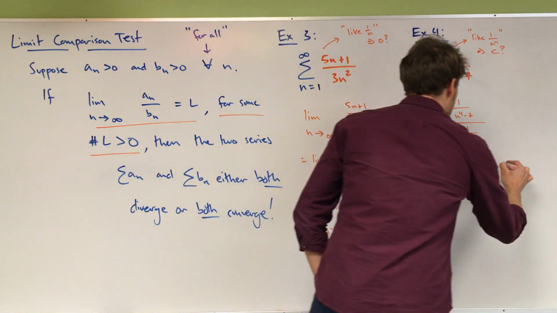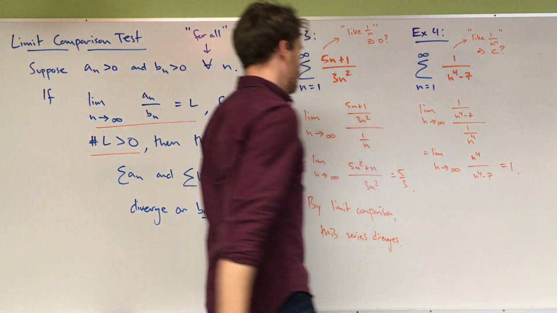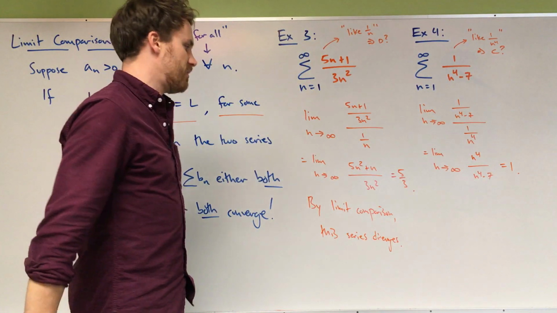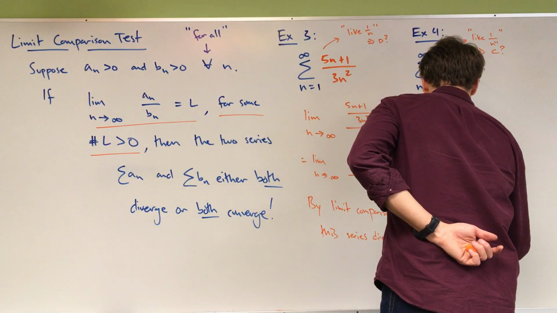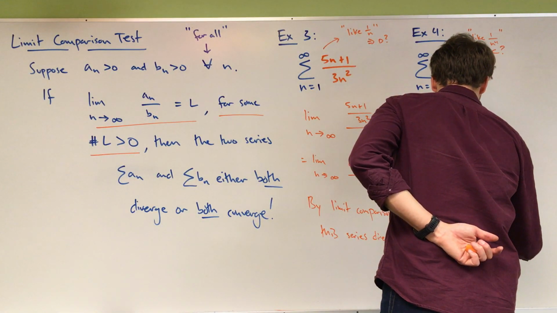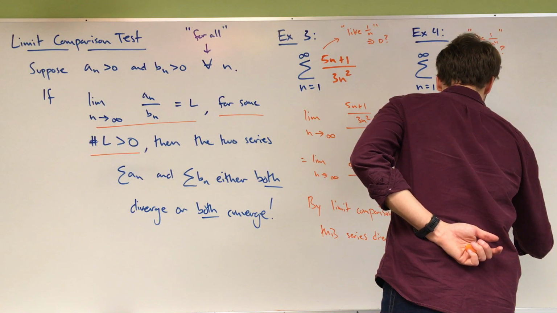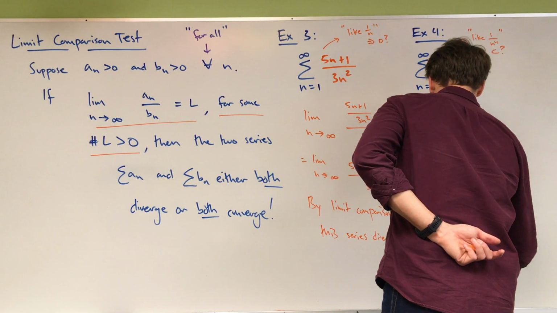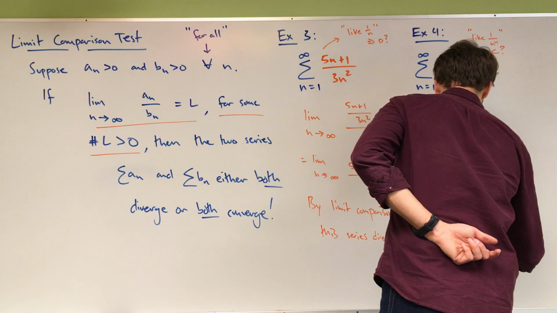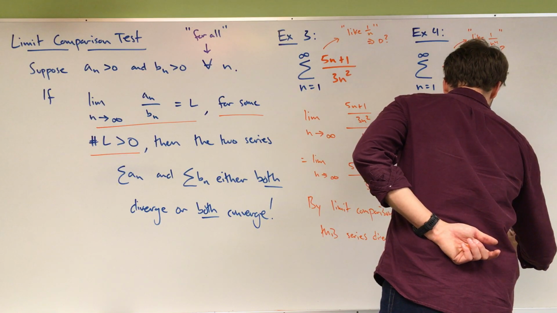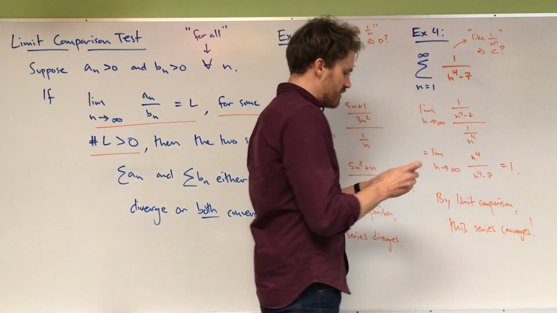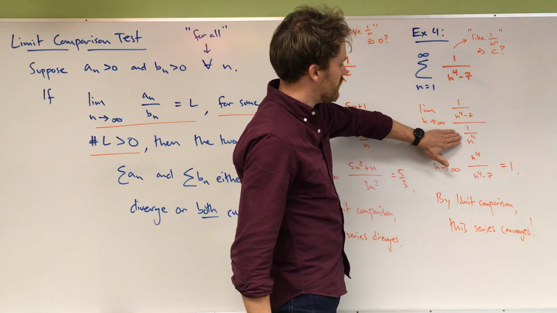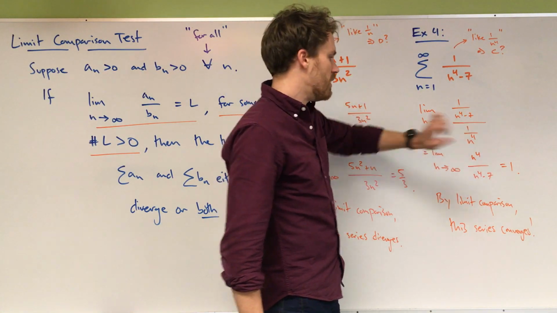That is pretty clearly 1. And 1 is a positive number, so by limit comparison, this series converges. And the reason this one converges is because we compared it to a convergent p-series, 1 over n to the 4th.